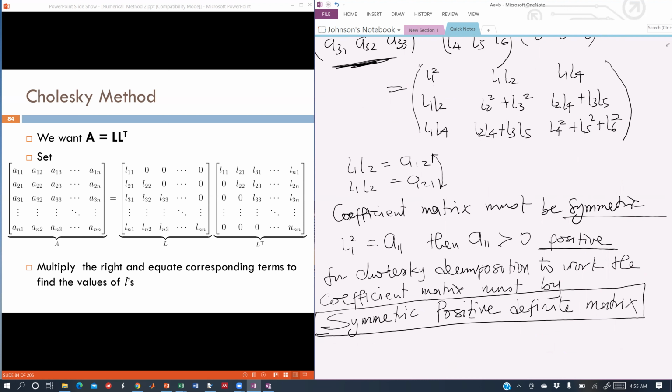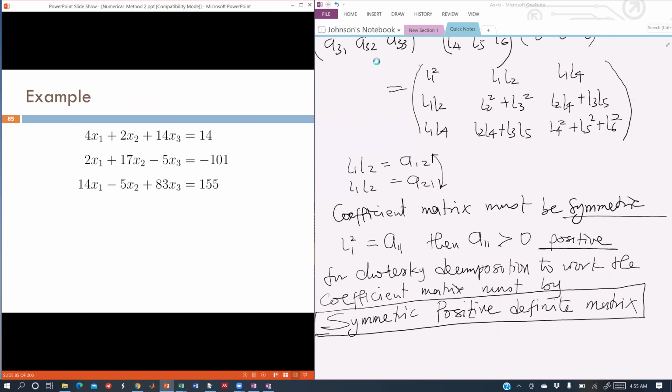So if that is not satisfied, convergence or even applicability of the Cholesky decomposition fails. So that is what we need to look out for before we try solving any system of linear equations using the Cholesky decomposition. So now that this is cleared, let us take an example and try to solve it.